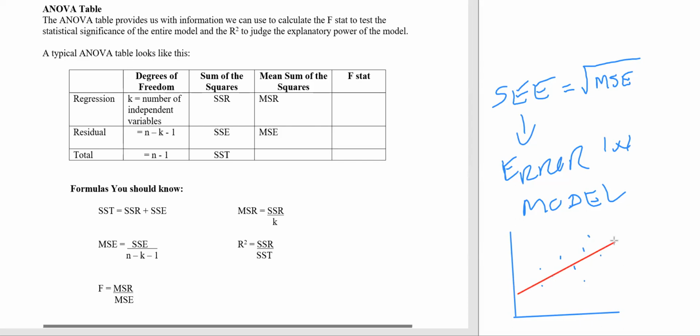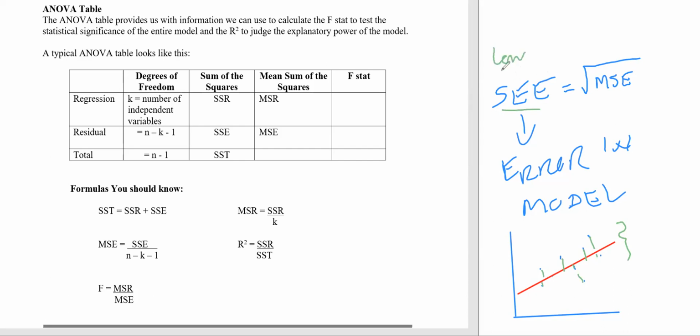The standard error of the estimate looked at the differences from the actual to the predicted, the actual to the predicted. We really want this standard error of the estimate to be quite low.